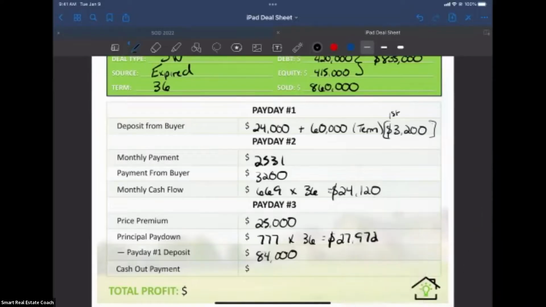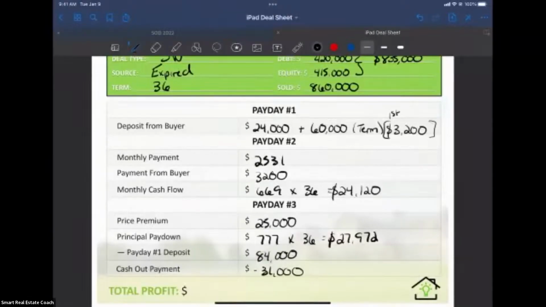Well, we just made you another $3,200. Come on. Anybody else have a calculator? I think it comes out to about 31,000 negative for payday 3. Okay. Thank you. Charlie comes out of left field. Love it. Coming in hot.